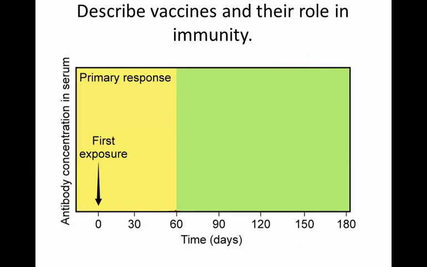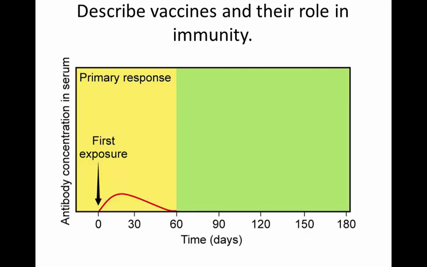So if we look at the antibody concentration in serum, we have a primary response indicated here after the first exposure to a disease. So we have first exposure shown here on day 0, and the primary response is such that we produce a low level of antibody concentration in the serum, and it takes upwards of 2 months in order to be able to fight off the disease completely.